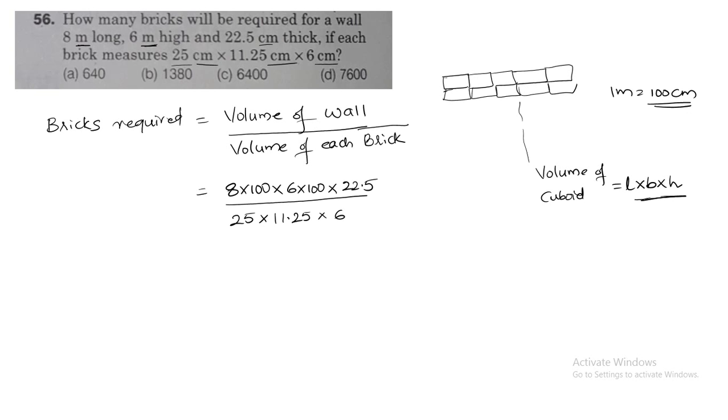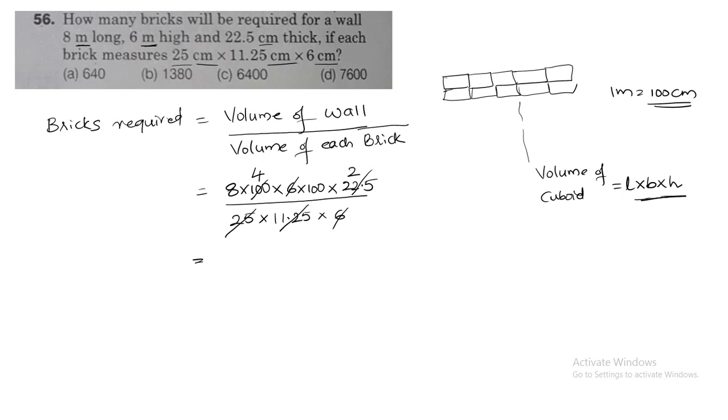Now if you observe, 11.25 doubled is equal to 22.5. That means this goes 2 times. Next, 6 in 6 goes 1 time. Next, 25 fours are 100. Now what am I left with?